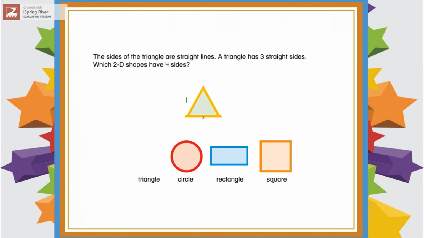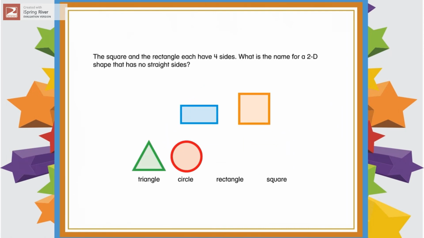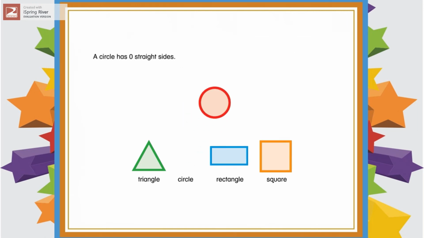A triangle has 3 straight sides. Which 2D shapes have 4 sides? The square and the rectangle each have 4 sides. What is the name for a 2D shape that has no straight sides? A circle has 0 straight sides.